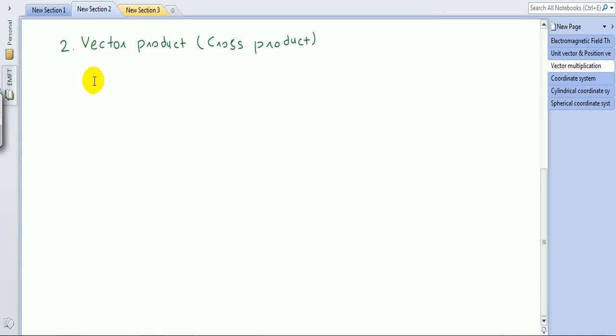Now we will see the second type of vector multiplication, the cross product. The cross product is also known as the vector product.